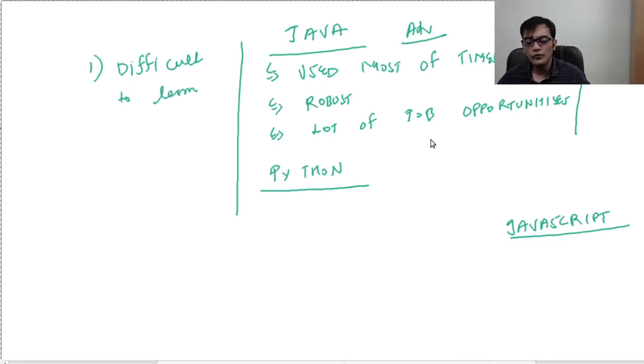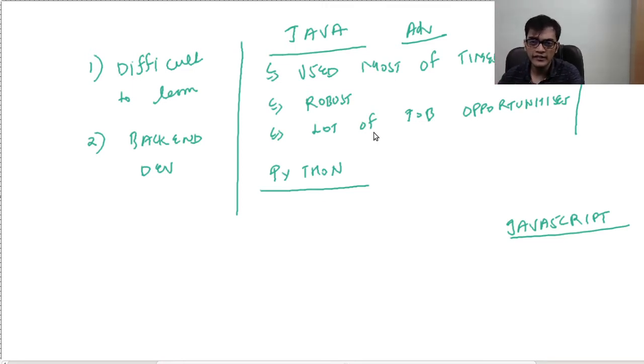If you are out of touch with development or coding, it will take time to learn. That is one thing. The second thing is, it is specific to only backend development. In 99% of the scenarios, you will not use Java for any kind of front end development. You will use Java only for backend development. So if you choose Java, then you are constrained to the backend development part.